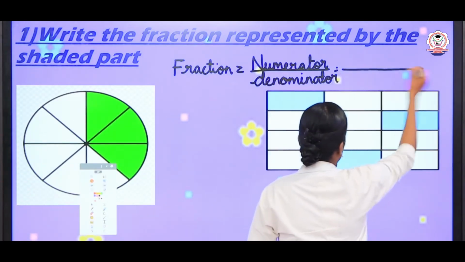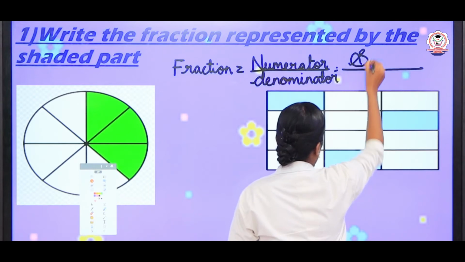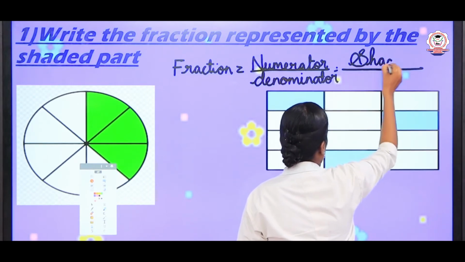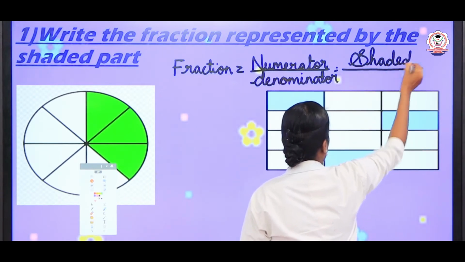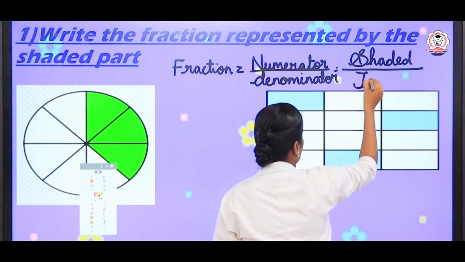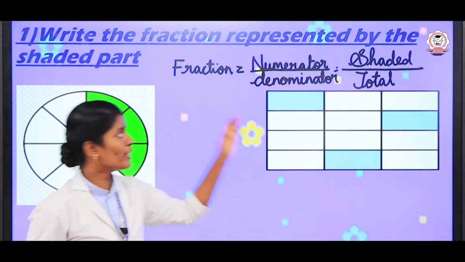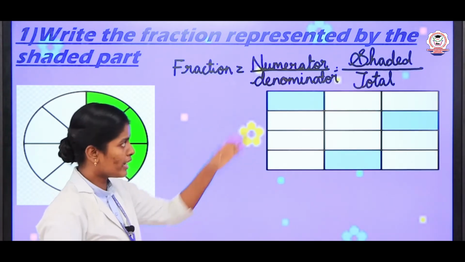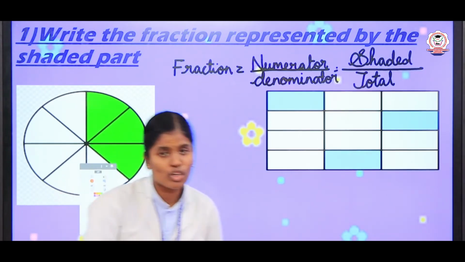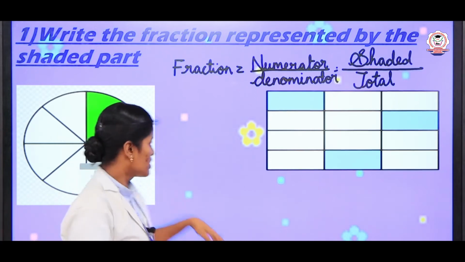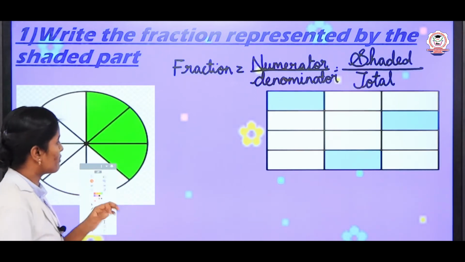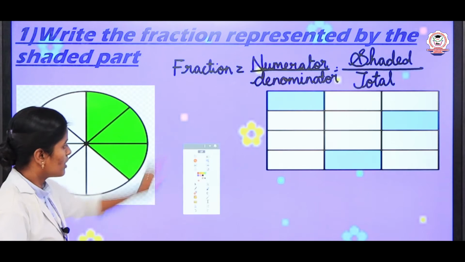Write here shaded parts, and down, total. So the numerator values are called the shaded parts and the denominator values are called the total parts. Now we are going to write the fraction for the first one.